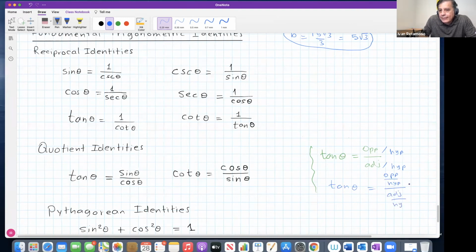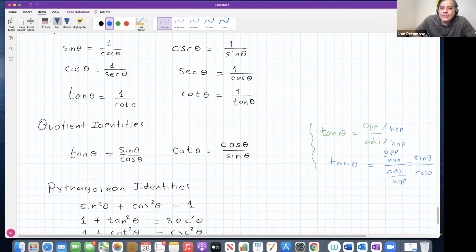But applying the trigonometric functions, this opposite over hypotenuse is sine, this adjacent over hypotenuse is cosine, and there you have your identity, right? Yeah, they're not hard to prove, but the idea is to present them now and learn how to use them, right, to simplify trigonometric expressions. So quotient identities: tangent equals sine over cosine, cotangent equals cosine over sine.